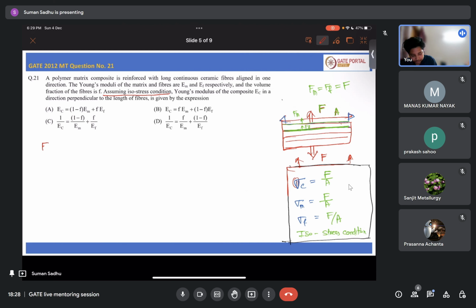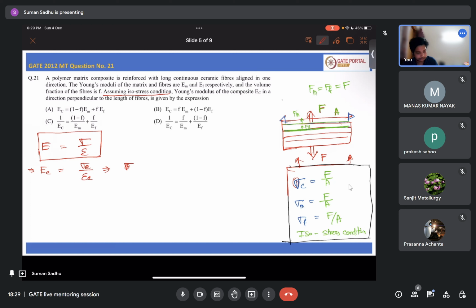Let's say elastic modulus is E in general. So mathematically how can you write it? What is elastic modulus? Sir, it is the ratio of the stress divided by strain. Yes. So when you are loading any material in the elastic region, the stress divided by strain is elastic modulus. Okay. So now in the case of composite, you can write Ec is equal to sigma c by epsilon c.